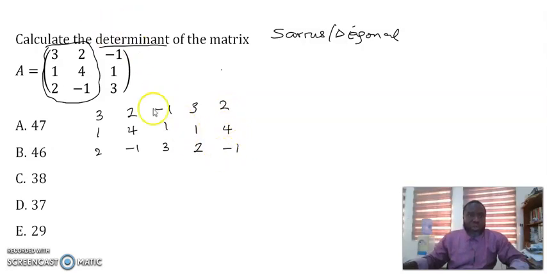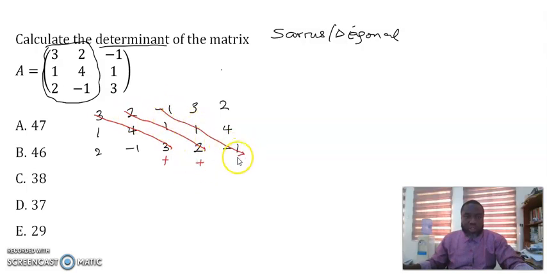So now we are going to multiply across the main diagonal. We start with this, and this is going to be positive. We multiply this also, and this also. We'll add, then we multiply this, and we also add.